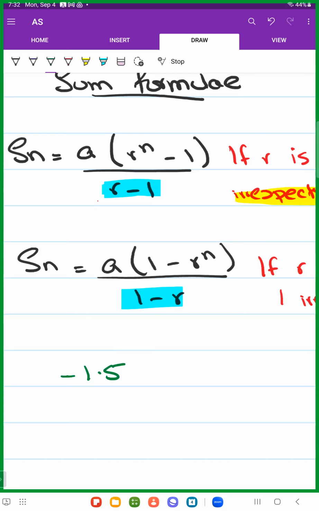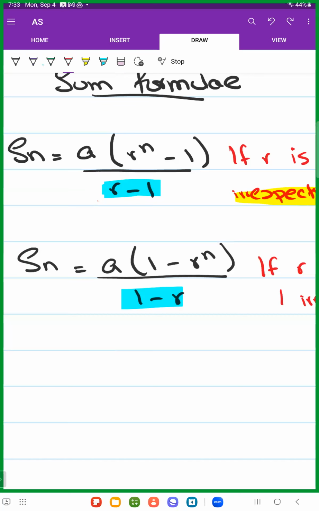If I use the second formula, it will be 1 minus 1.5 in the denominator, which will lead to 0.5. Yes, 0.5. We can't use this one. We have to use this one, the first one. Because whenever R is greater than 1, we use this one. When it's less than 1, only then we use the second formula.